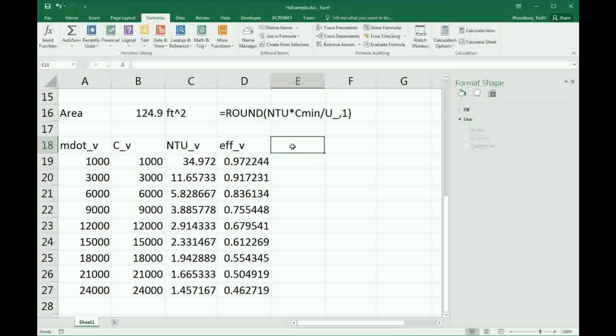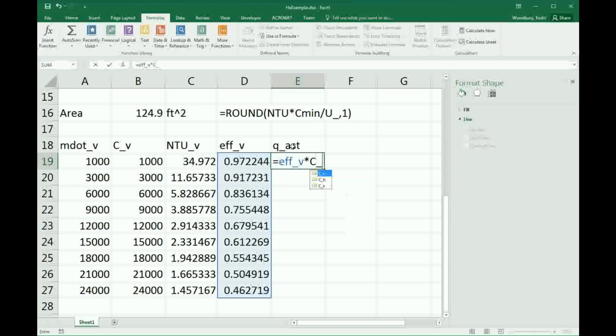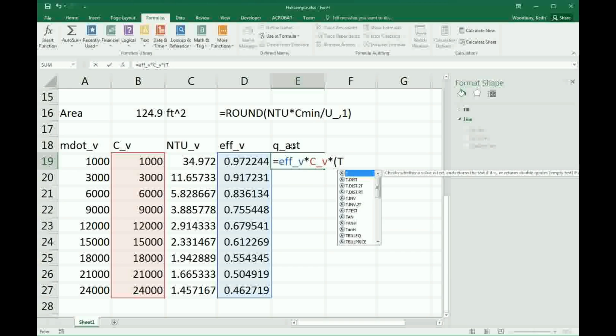We can now calculate Q actual for each one of these cases. And how would we do that? Well, it's the effectiveness, but now we have to multiply by the Cmin, which is our CV, and then we have to multiply that times the maximum temperature difference in the exchanger.